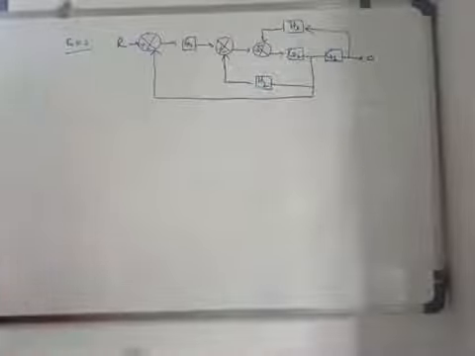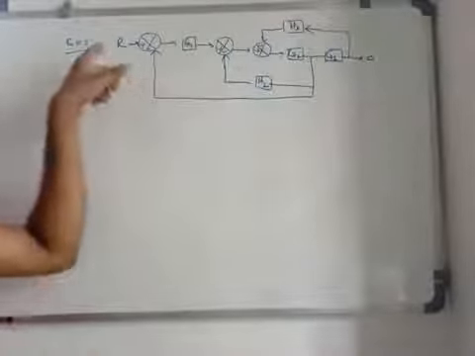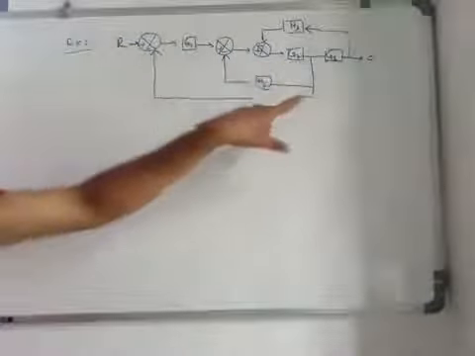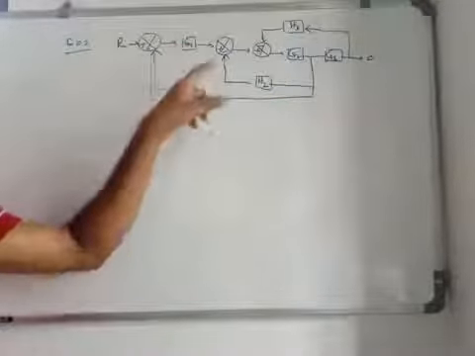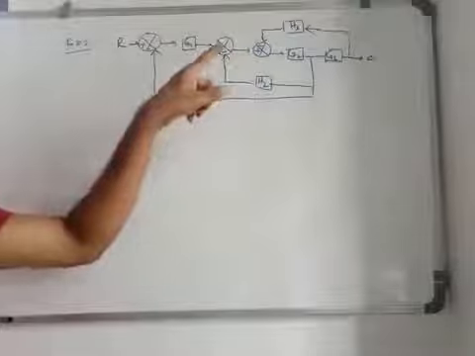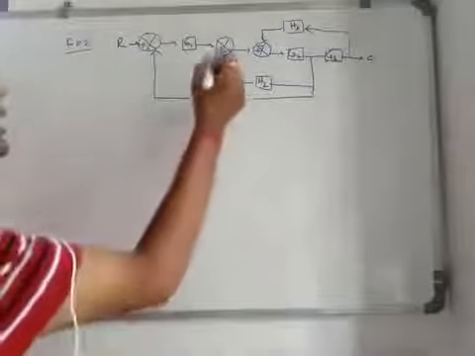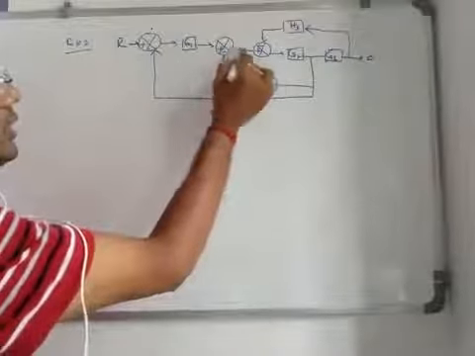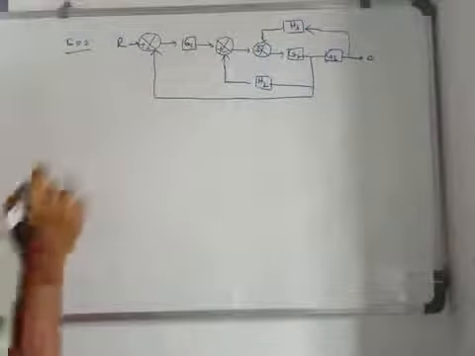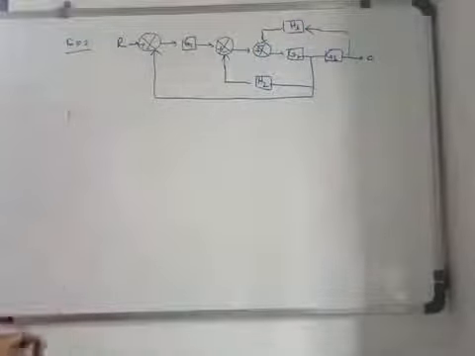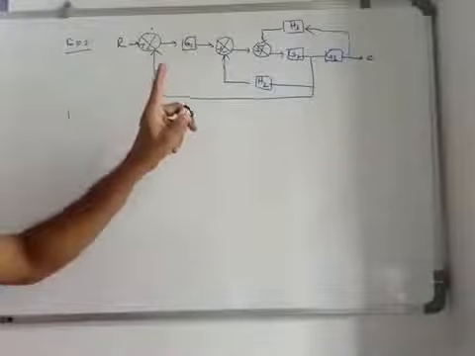So this is our example number 2, but you can see this is a kind of complex system given to you, and you see there are 2 summing points which are taking place side by side. So first step, we have to concentrate on the system.